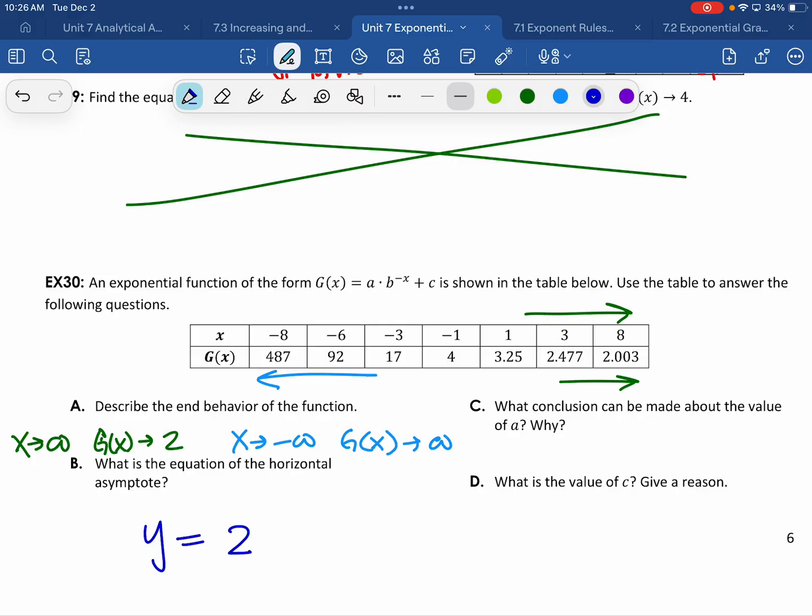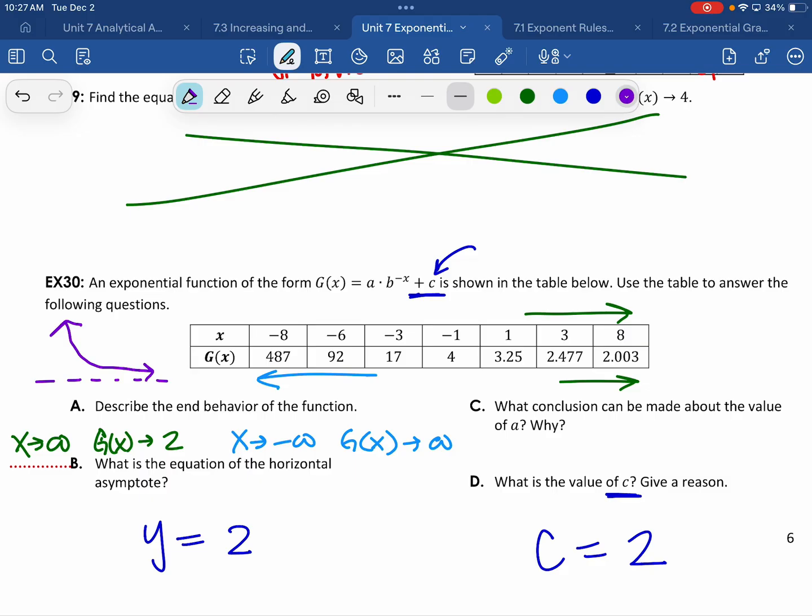Since my asymptote is at 2, what would the value of c be? 2, because of the c right here. And then what conclusion can be made about a? The left side is going up, the right side is going toward your asymptote. Is it a growth or a decay? Well, it's a decay, but flipped.